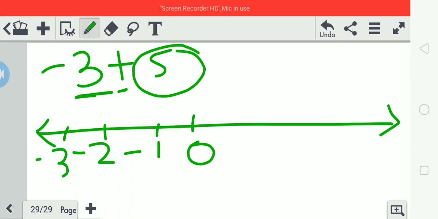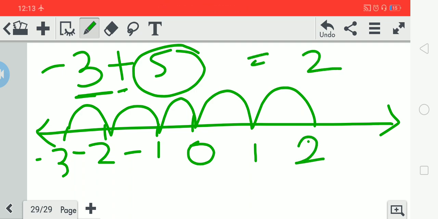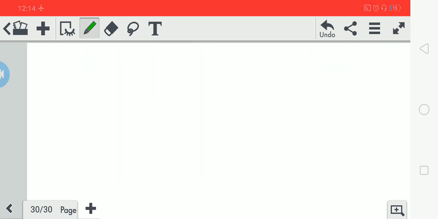Why right? Because the plus sign is there. So see, a shortcut method: 1, 2, 3, 4, 5. Now assign the number. After 0, 1 comes, after that 2. So your answer is 2 in this case. We'll see this kind of example again. Now students, I will tell you the shortcut trick for how to identify till which number the number line should be drawn.